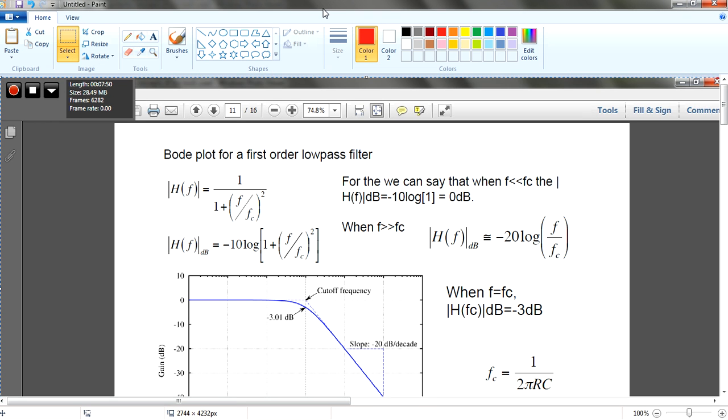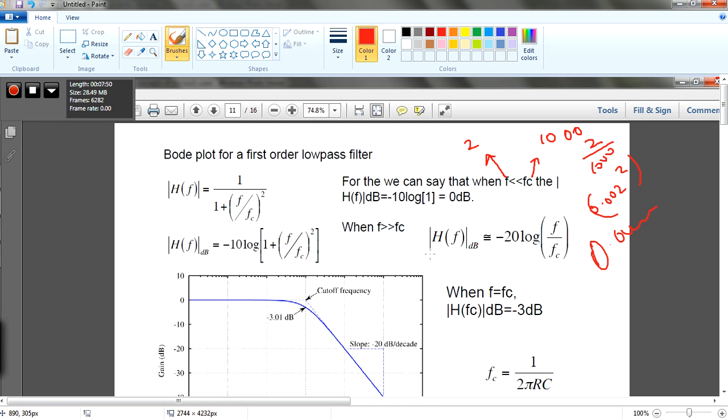In a more tangible way of saying it, if fc is 10,000 and f is only 2, then 2 divided by 1000 gives you 0.002, and if you square it, it is very minimal. So 1 plus this almost 0, you only have 1 over 1.